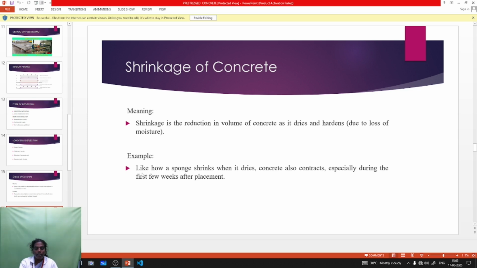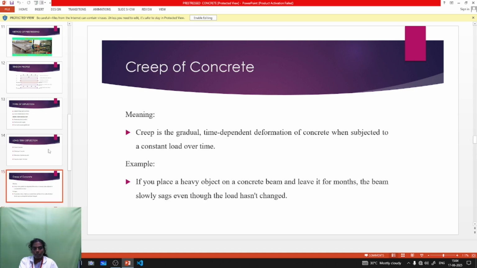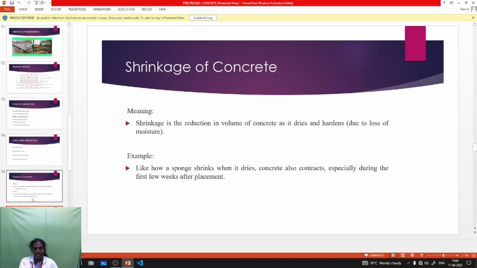An example is like a sponge. The sponge shrinks when it dries, the concrete will contract, especially during the first few weeks after placement. So after the concrete is poured and placed, it gets shrinkage. So first one is creep, second one is shrinkage.